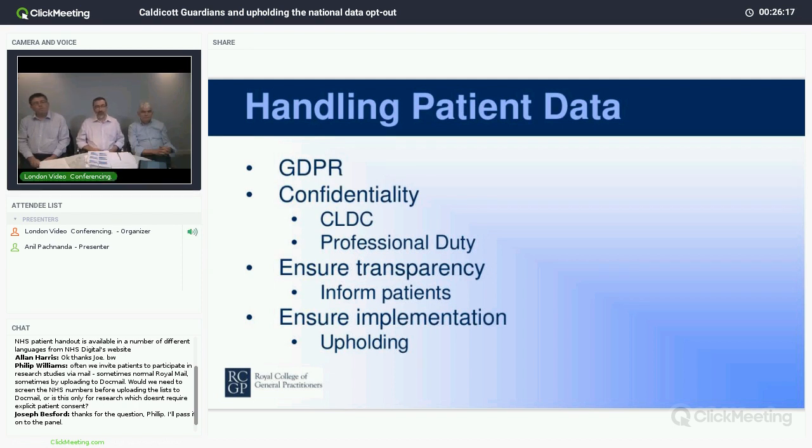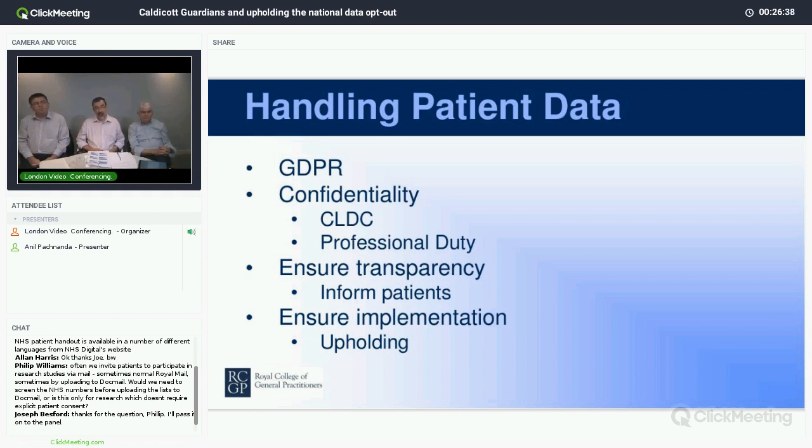When we come to the common law duty of confidentiality, however, when we're sharing data, and particularly when we're sharing data which isn't for individual care, then we do have to have a basis for breaching confidence. Now, that may be explicit consent.